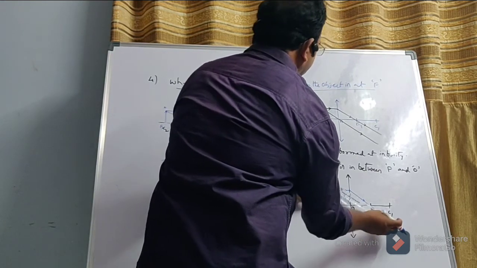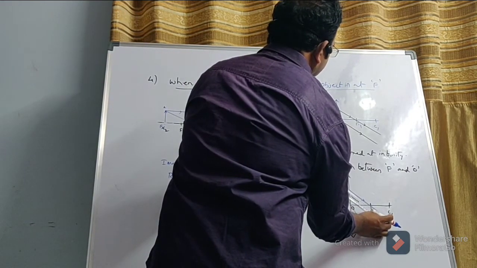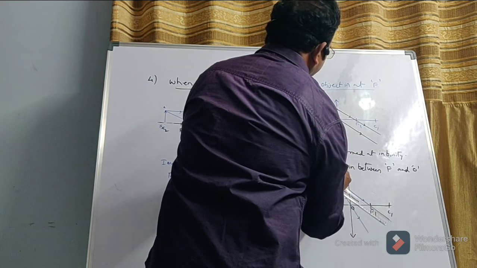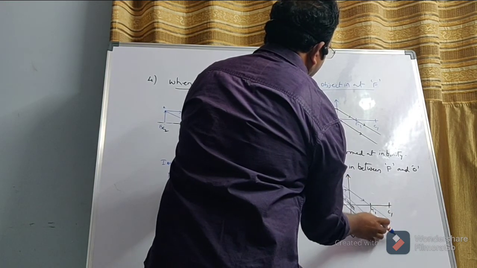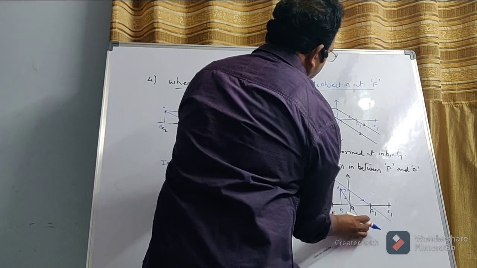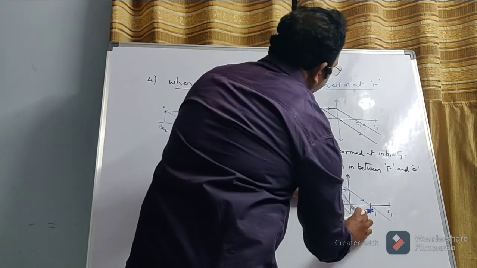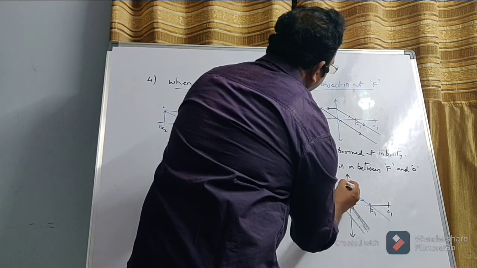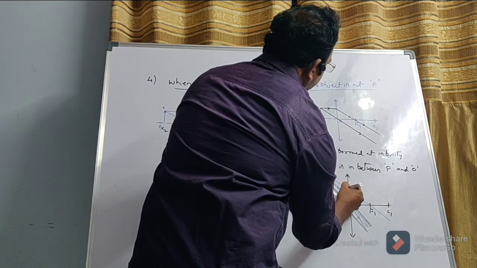So if we extend these two light rays backwards, if we extend this back like this, and also this line, they will meet somewhere at this point.